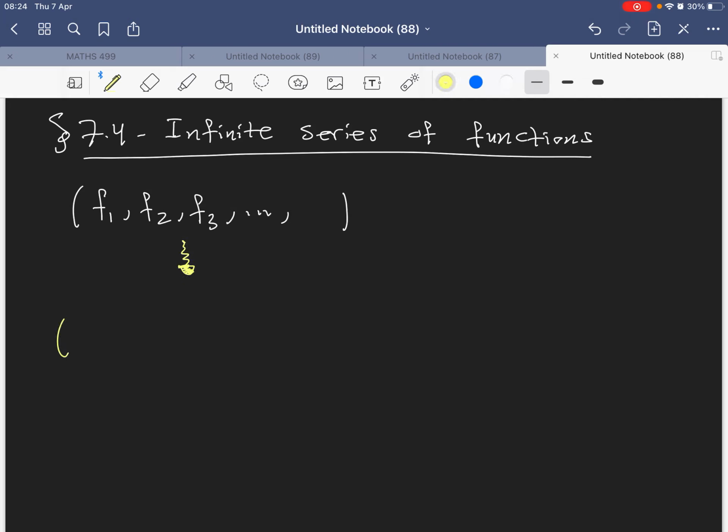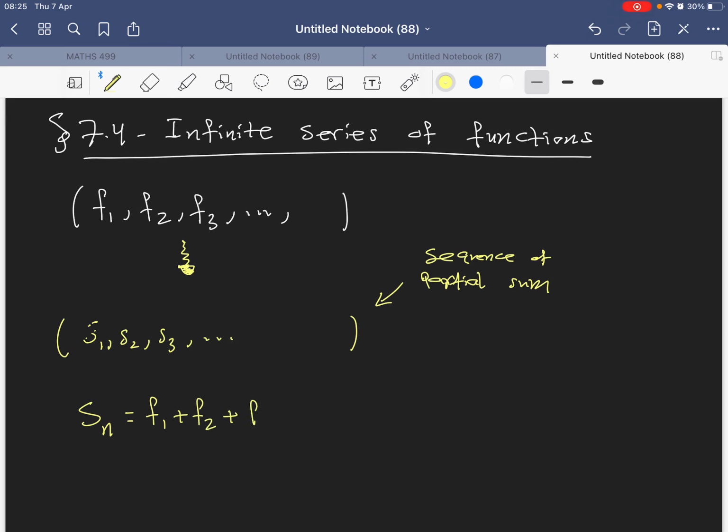If you remember, we call it the sequence of partial sums, which we usually call S1, S2, S3 and so on, where Sn is the sum of the first n elements from the original sequence.